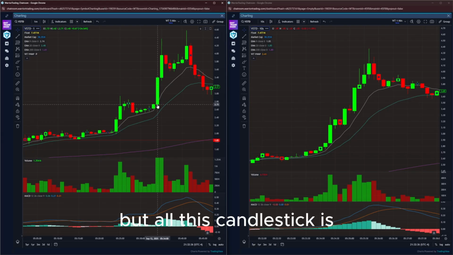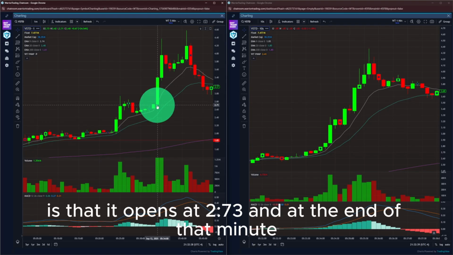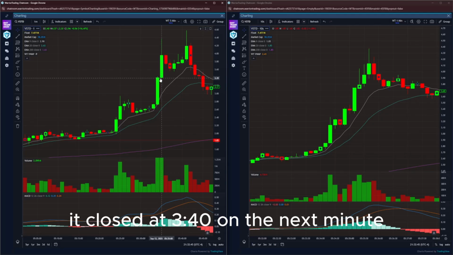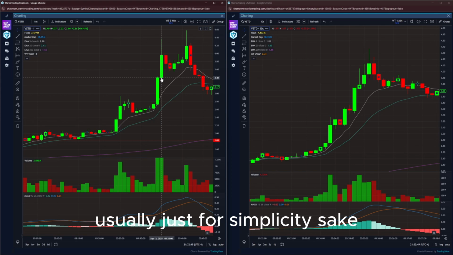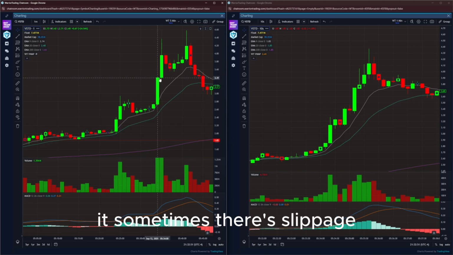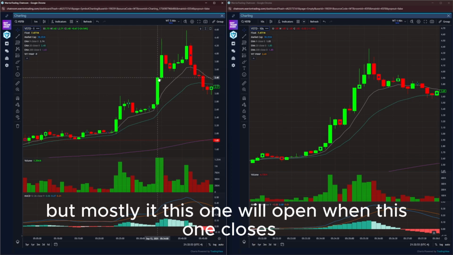But all this candlestick is, is that it opens at 273, and at the end of that minute, it closed at 340. On the next minute, it opens where it closed. Just for simplicity's sake, sometimes there's slippage, but mostly this one will open when this one closes.